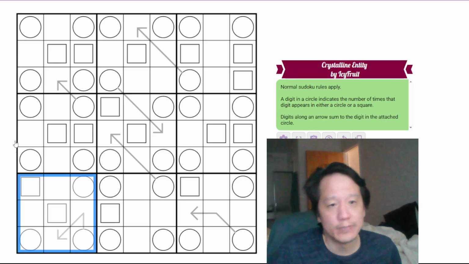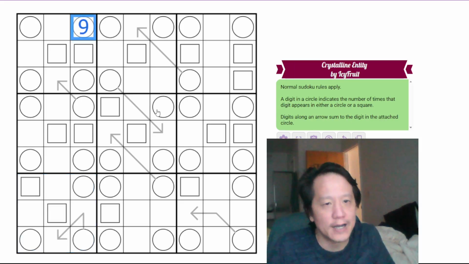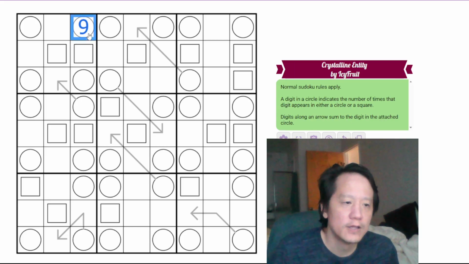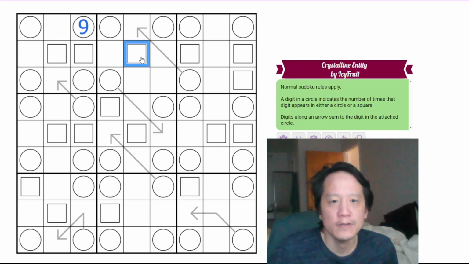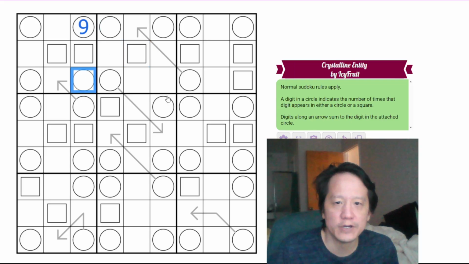So, for example, if you have 9 in a circle, that means it appears 9 times in a circle or a square. And that applies all the way down to 1, obviously. So, yeah, that should tell you something.